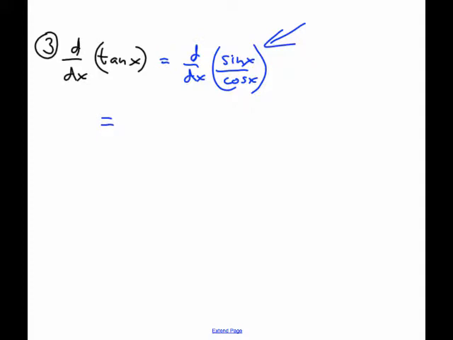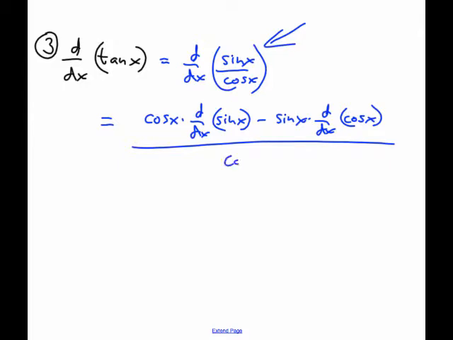The quotient rule, remember, is the bottom function times the derivative of the top, minus the top function times the derivative of the denominator, all divided by the denominator squared. The derivative of sine x, as we just showed in the previous question, is cosine x.